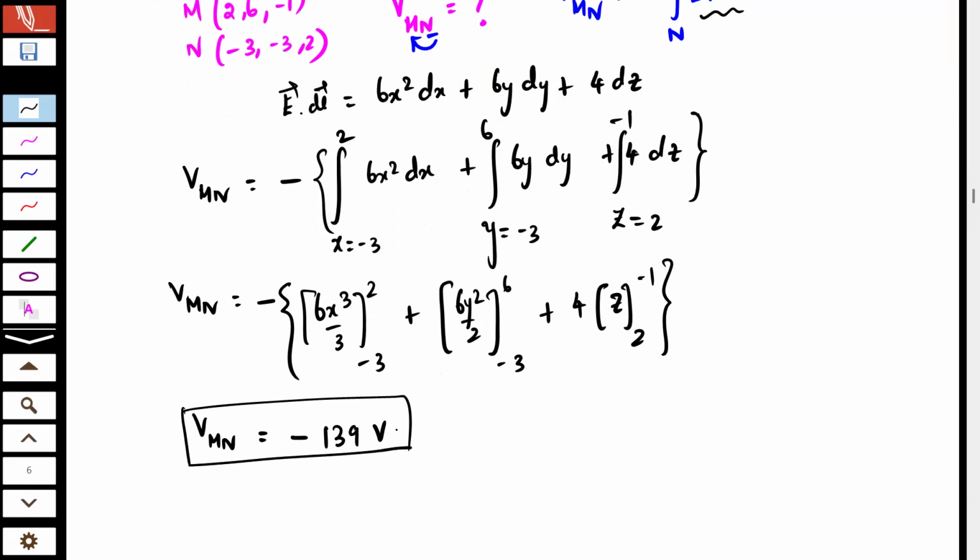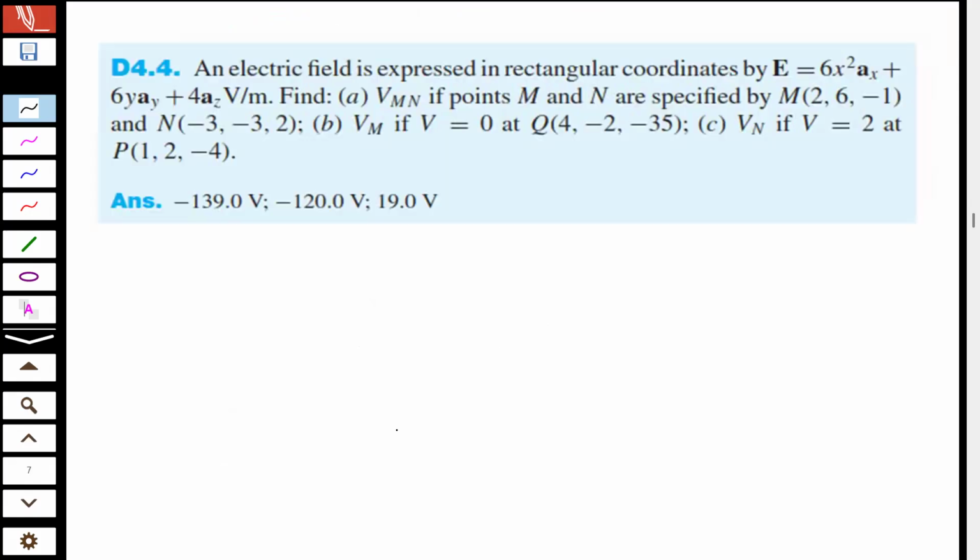Next, we can jump to the second subdivision, which is asking you to find Vm if V0 is at point Q. So let us talk about that. For the second subdivision, electric field intensity is same, which is 6x square ax cap plus 6y ay cap plus 4 az cap.